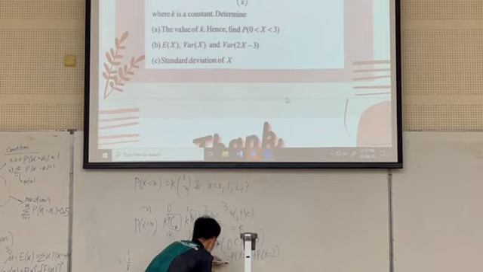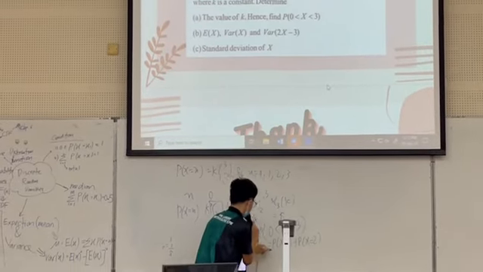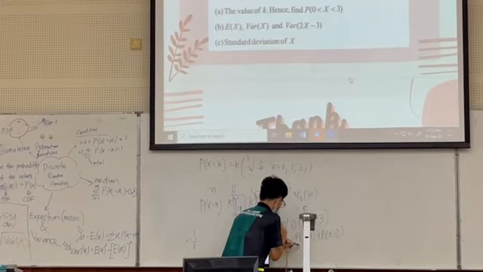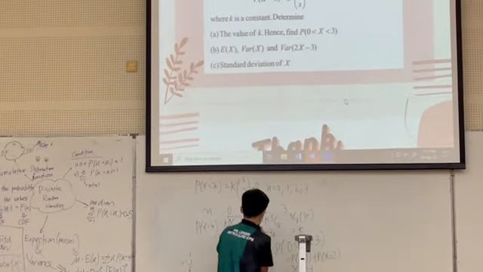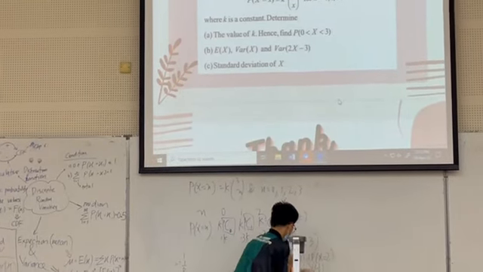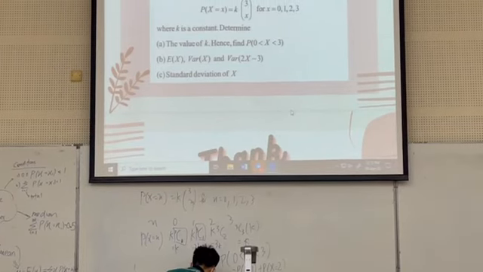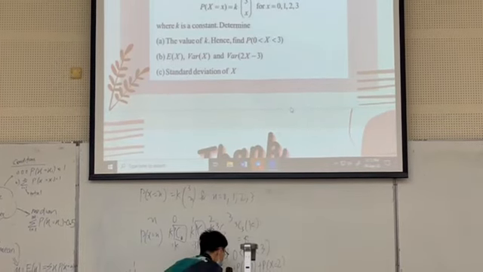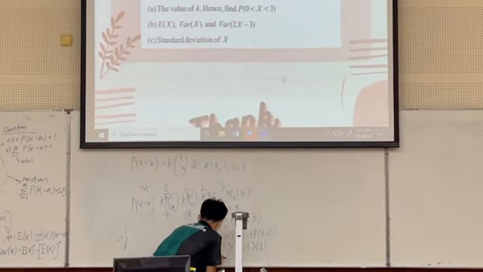So we just simply sum out. P x equals 1 is 3k. K is 1 over 8. 1 over 8 plus x equals 2 is 3k, 1 over 8. And the final answer is 3 over 4.